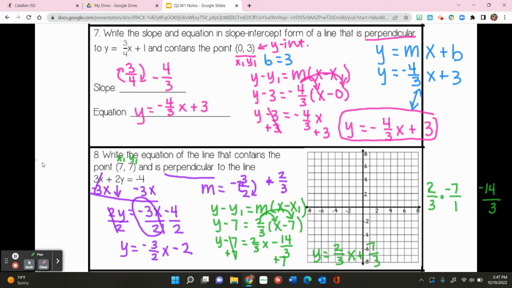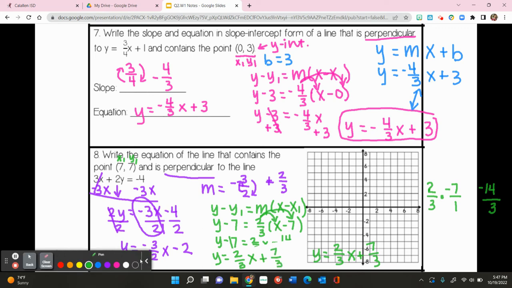So I'm going to rewrite this to where you can see it a bit better. I'm going to erase this so I'll write out my final answer here. Your final answer again is y equals 2 over 3x plus 7 over 3.